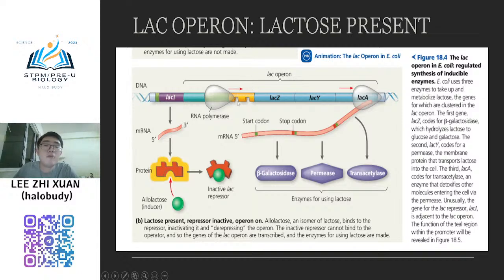However, when lactose is present, there is one molecule called allolactose. Allolactose is an isomer of lactose. Allolactose has the same shape as the repressor protein binding site, so it acts as an inhibitor.